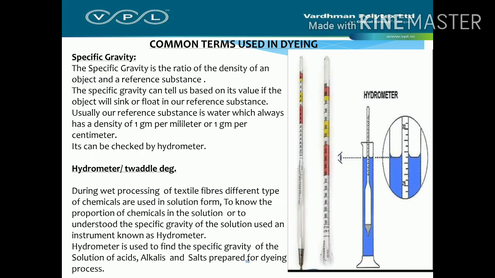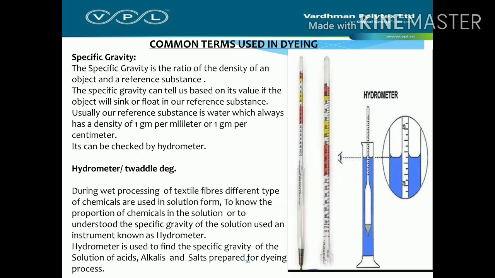The specific gravity can tell us if the object will sink or float in our reference substance. Usually our reference substance is water, which has a density of 1 gram per milliliter or 1 gram per cubic centimeter. It can be checked by hydrometer.